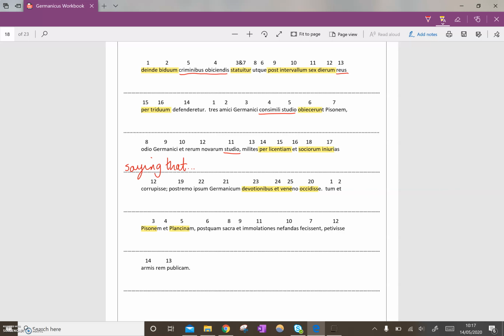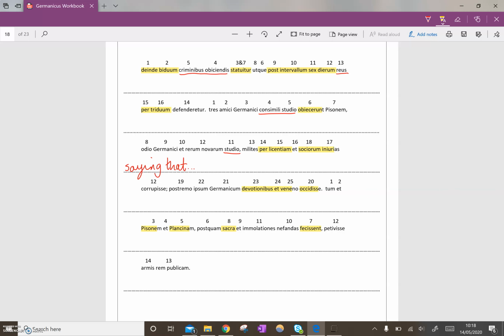So then, both Piso and Plancina, postquam, after, and then fecissent sacra literally means after they had done sacred things. So in nice English, we're going to say after they had performed sacred rites. Et immolationes nefandas, and unspeakable sacrifices. Okay, so nefandas means like the worst possible version of something that you can possibly do.